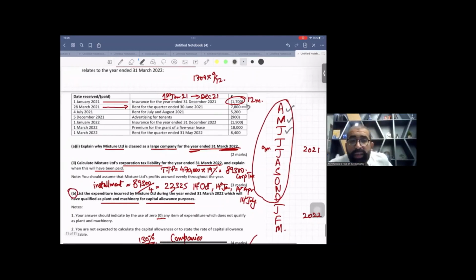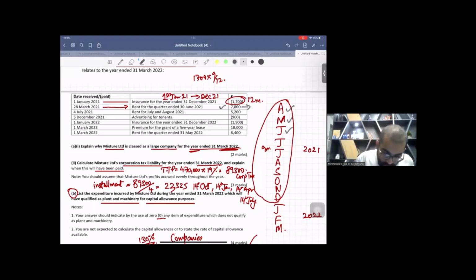April, May, and June fall in our accounting period, so we'll take this 7800 as it is. Although it was paid last year, we are not working on cash basis. We are doing accrual basis. Please don't sleep.